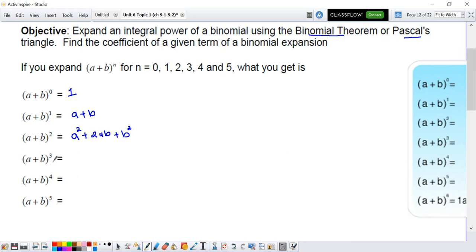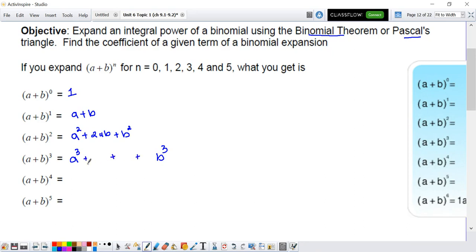Now, how do we multiply (a plus b) squared with (a plus b), which gives us the third power? You should be able to figure out the pattern here: first power, second power. My first and last terms are a to the third, b to the third. This is the second power, so we have three terms. This is the third power, so I'm expecting four terms.